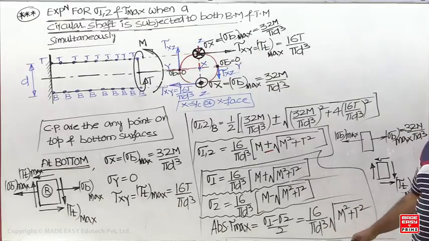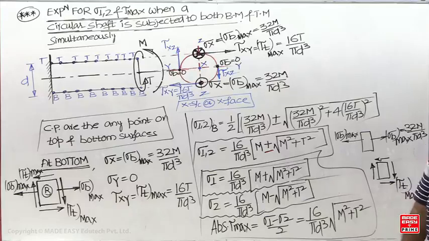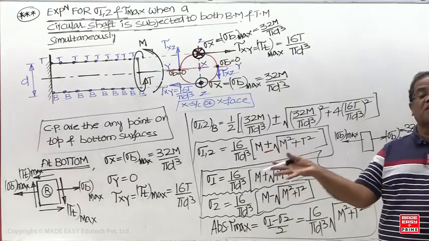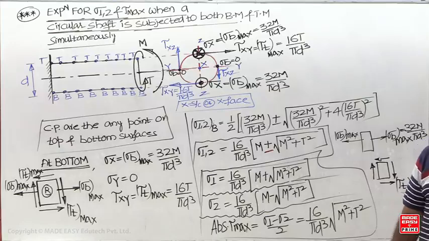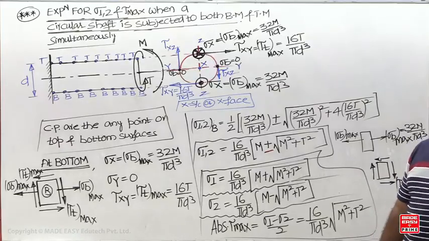Where are you going to get this value? Where will the maximum shear stress plane be found? At an angle of 45 and 135 degrees to the principal plane.